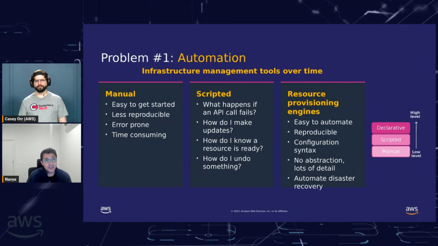But then we move towards scripted setups, and we have issues understanding how I know if a resource is ready or not. How do I undo something? That's why we move towards a resource provisioning engine, a declarative, immutable setup of infrastructure rather than doing in-place changes.